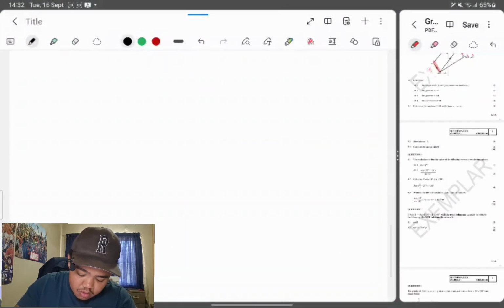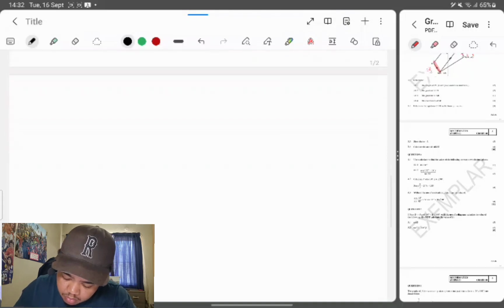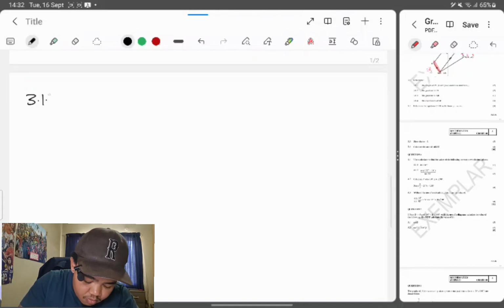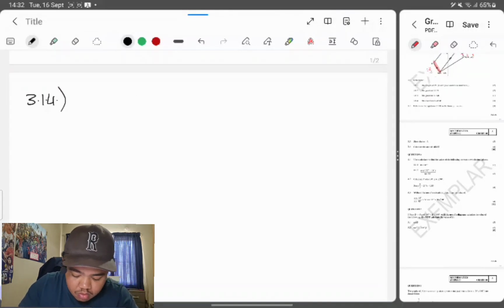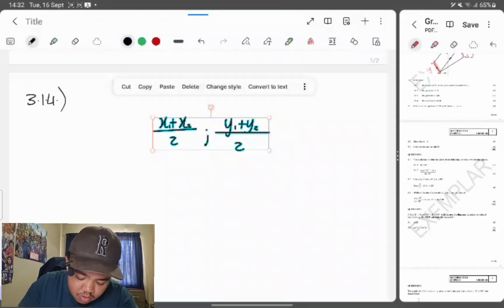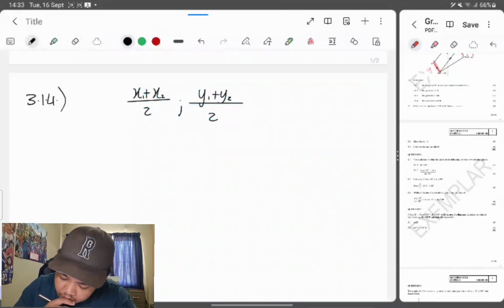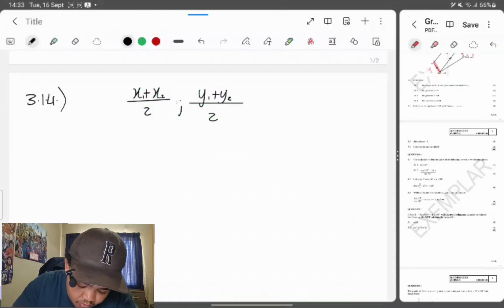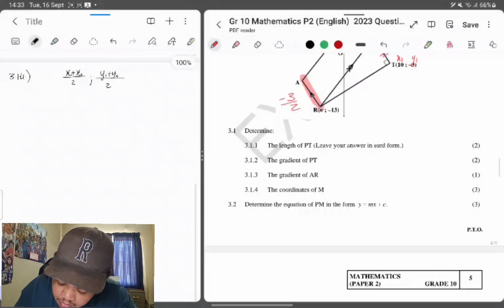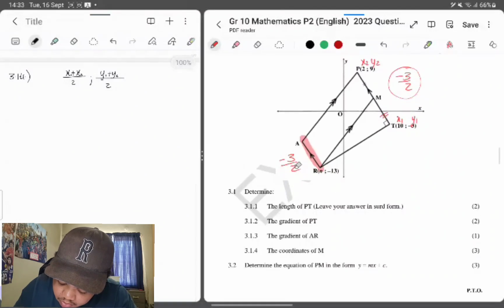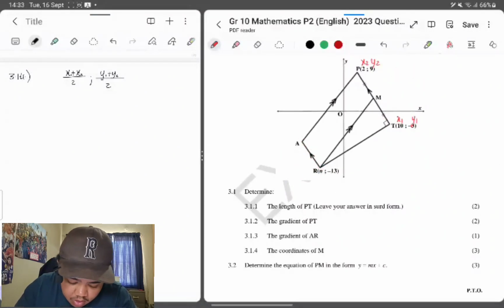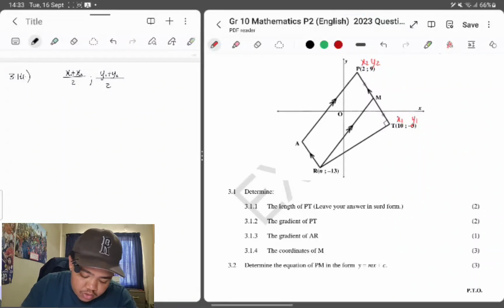So here I'm going to take this one here, copy. This is going to be 3.1.4. The midpoint of it will be, so again we're going to use our same coordinates for PT. Erase everything else, it doesn't look so cramped. Okay, so x1 plus x2.